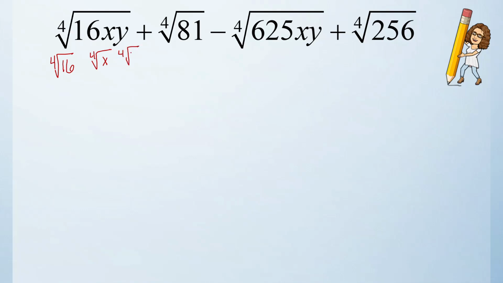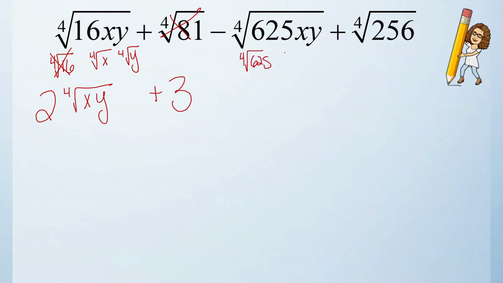Now, notice the x and y aren't going to simplify. But 4th root of 16, that's 2. So I know this is 2 times the 4th root of xy. 4th root of 81, that's just 3, right? Simplifying this one, 4th root of 625, 4th root of x, 4th root of y. 4th root of 625, that would be 5, right?